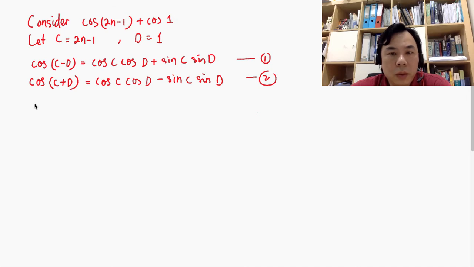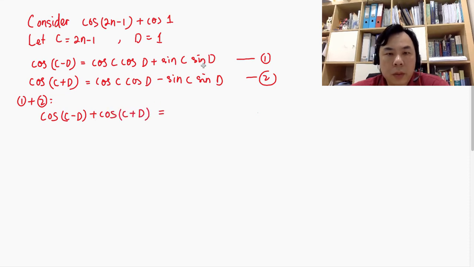Since we are using an addition rule here, we will use 1 plus 2. That would yield cos c plus cos d, and then if you sum up these two equations here, we will end up with 2 cos c cos d.